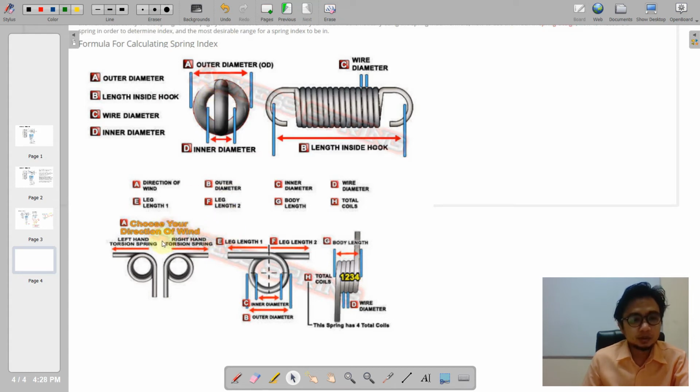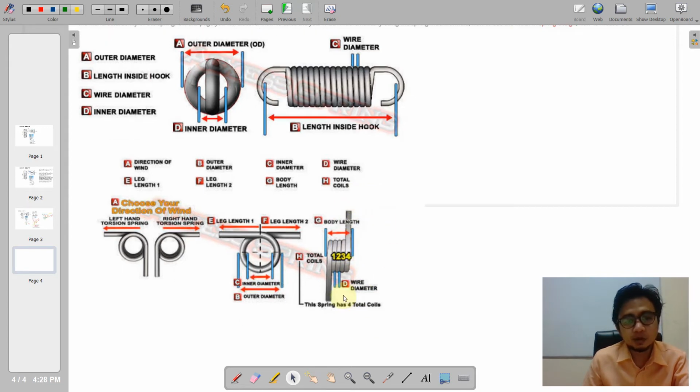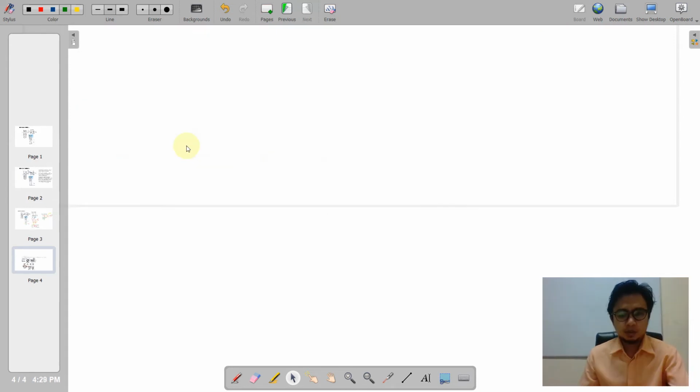Okay, so the direction of wind is denoted by this illustration. We have the leg length on both ends or both sides of the spring, and just the same we have the inner diameter and outer diameter, and the number of counts, which is termed as the number of coils.